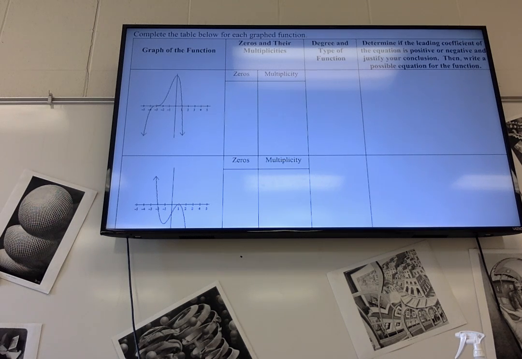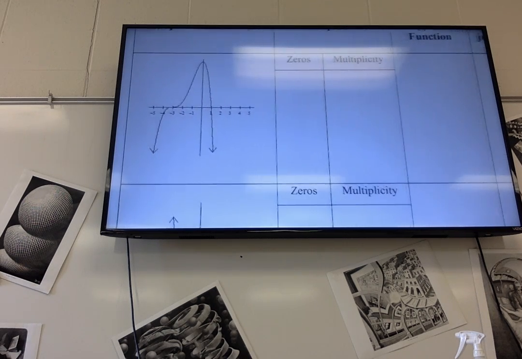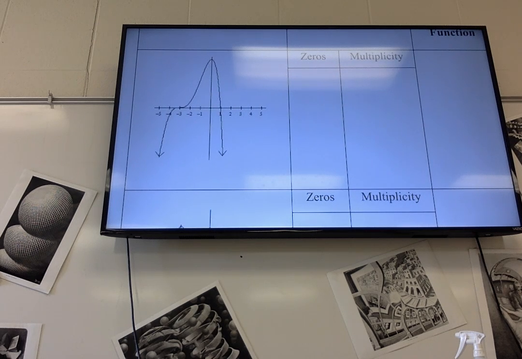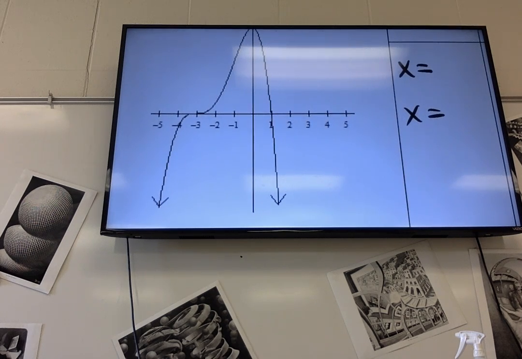We have a graph. First, we're going to talk about their zeros and their multiplicity. So looking at this first graph, Cameron, give me the zeros. I think that's -3. Oh, here, I made it bigger. Okay, -3 and 1. Very good. Multiplicity of the -3, Justin? 3. And multiplicity of the 1, Shelby? 1.